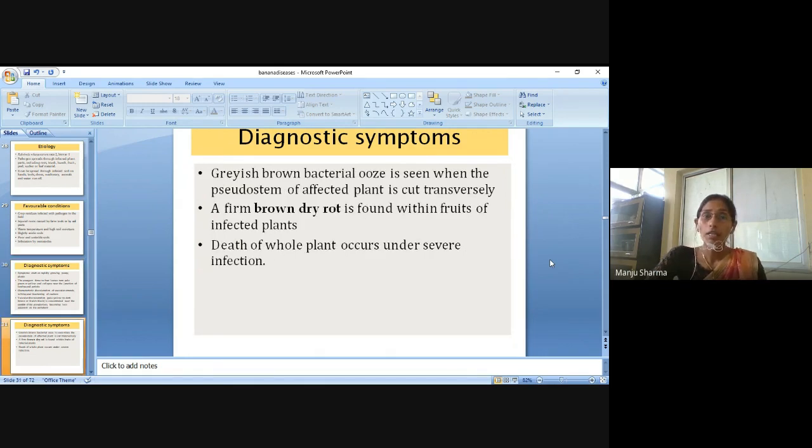Grayish brown bacterial ooze is seen when the pseudostem of an affected plant is cut transversely. A firm brown dry rot is found within fruits of infected plants, and then the death of the whole plant occurs under severe infection.